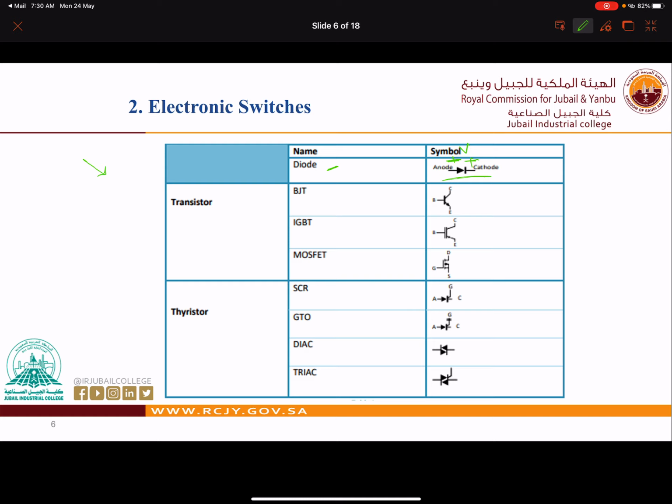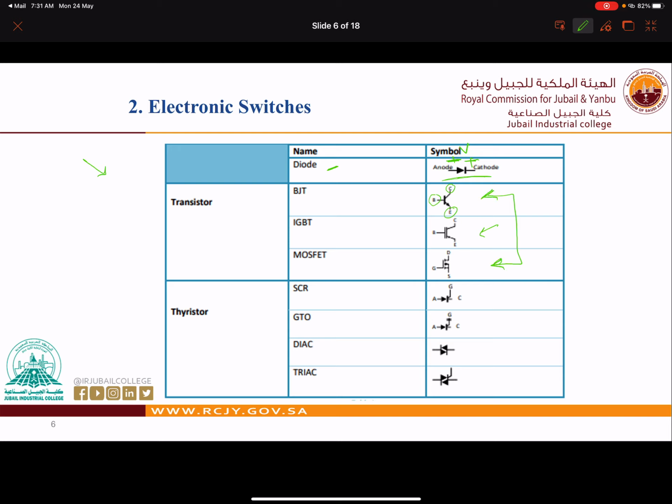Now, for the transistor, BJT is the one that you have taken in electronics, which basically has three terminals: base, emitter, and collector. The IGBT is again this symbol, the same as the BJT, but it has a different type. So the IGBT is the combination of BJT and MOSFET.